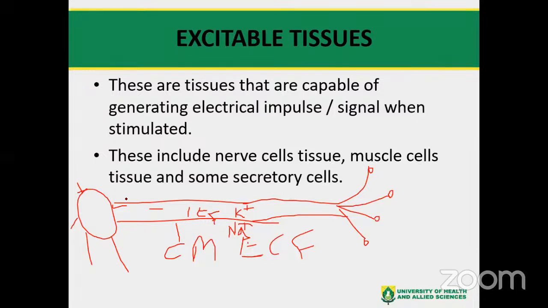So there will be differences in the charges, so that when a neuron cell is not stimulated, the outer part of it, the extracellular part, is usually positively charged.